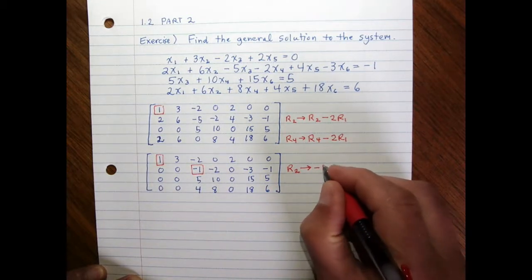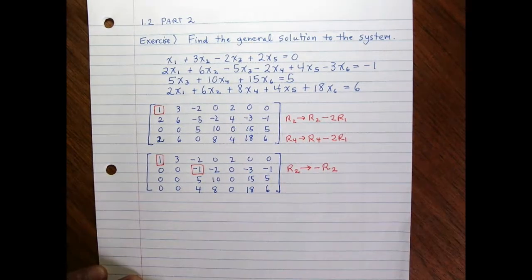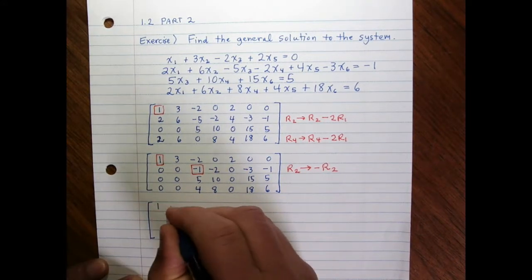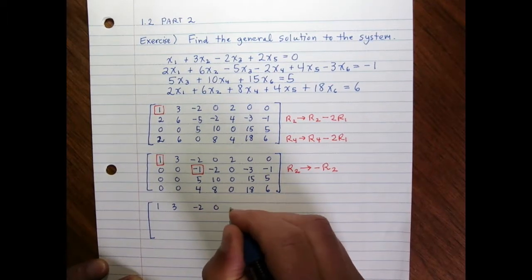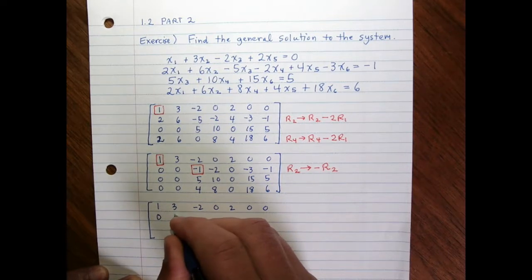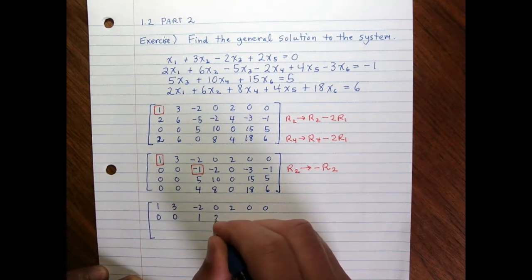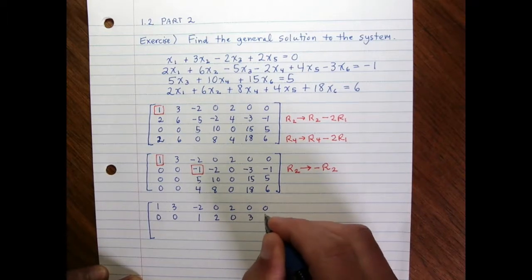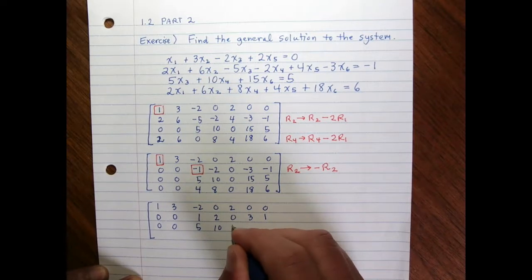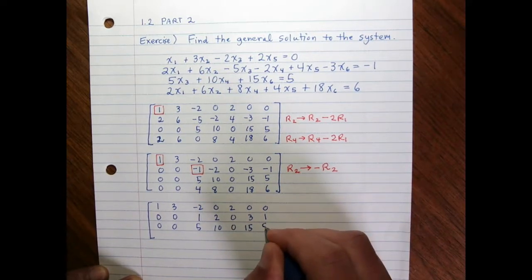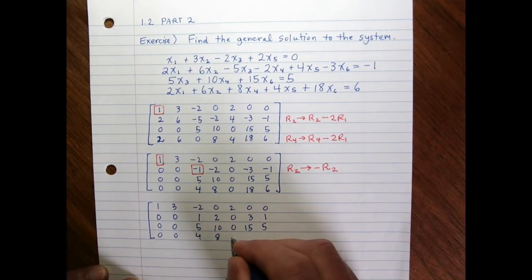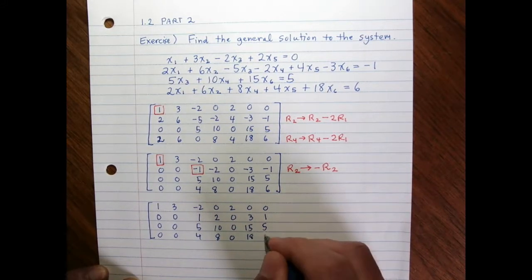So row 2 will be changed to negative row 2. 1, 3, -2, 0, 2, 0, 0. Now I multiply through by -1. 0, 0, 1, 2, 0, 3, 1. Recopy 0, 0, 5, 10, 0, 15, 5, 0, 0, 4, 8, 0, 18, 6.